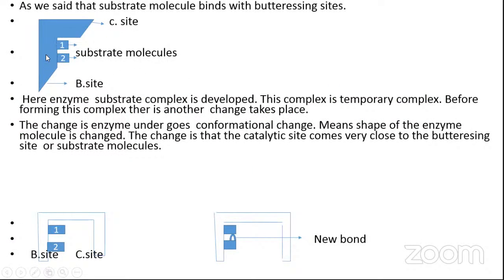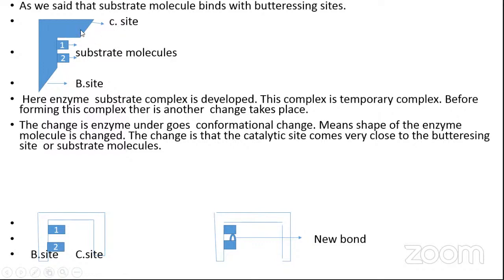That means they are attached and connected to the buttressing site. And what is the function of the catalytic site? There is no job for the catalytic site in this situation, and it remains quiet until, after the attachment of substrate molecules to the buttressing site, they react.